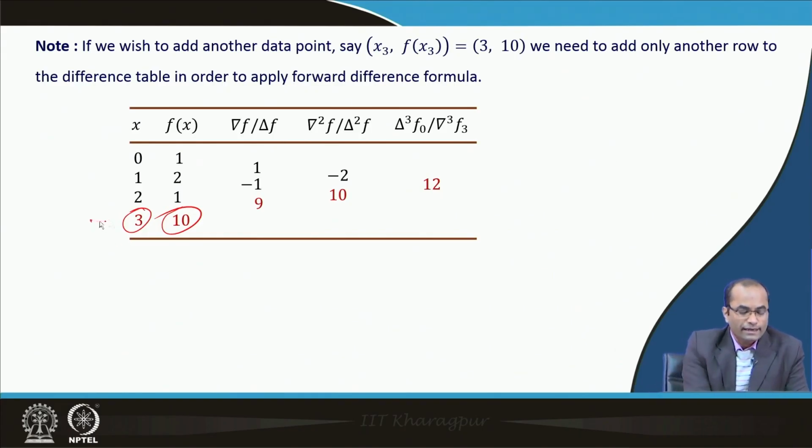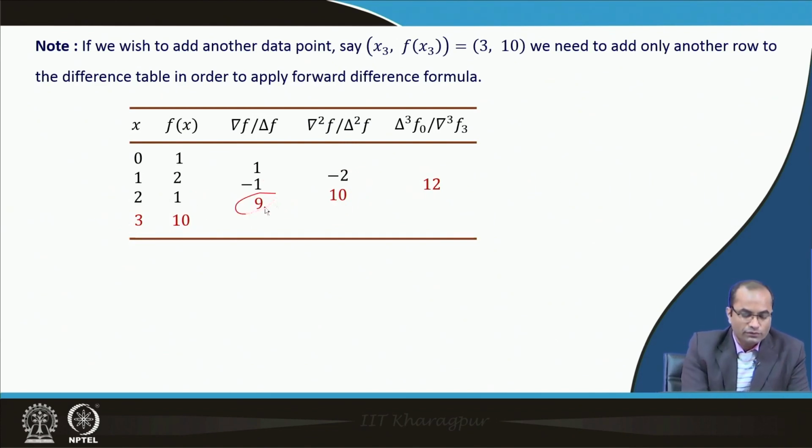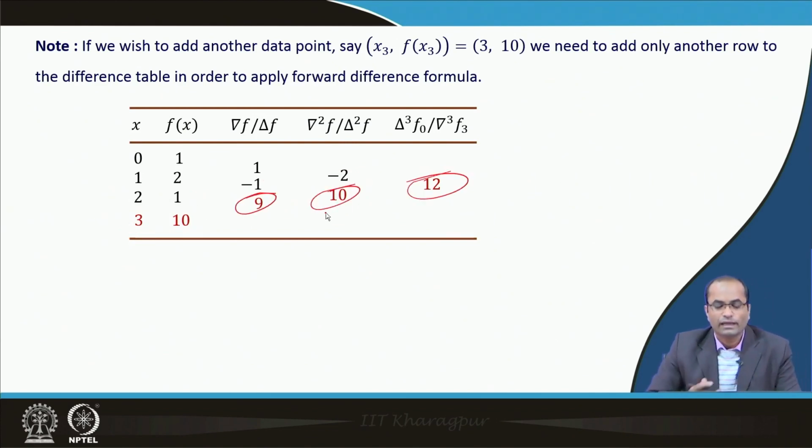So, we will simply add this in this table, and accordingly one more difference will come, that is 10 minus 1, 9, and then here also 9 minus 1, that is 10, and then here also 12. So, these are the new values which have come because of this additional data, but we do not have to repeat the whole calculation to construct the table.